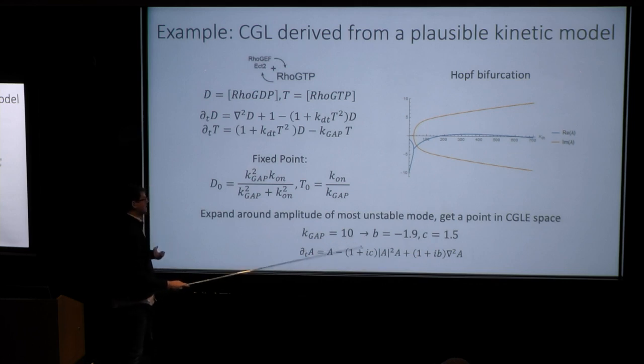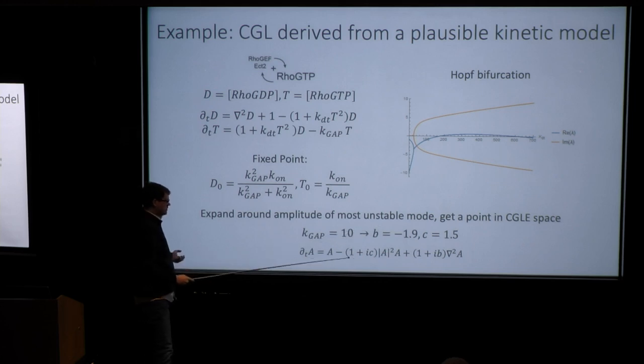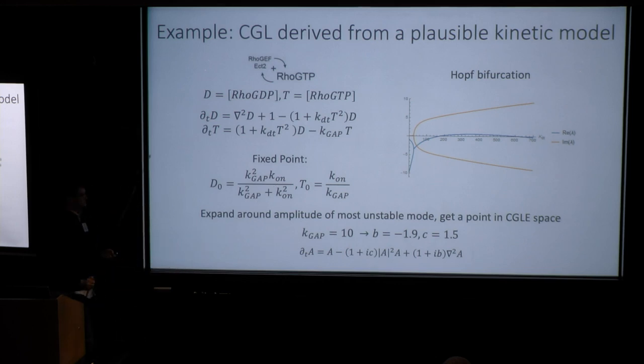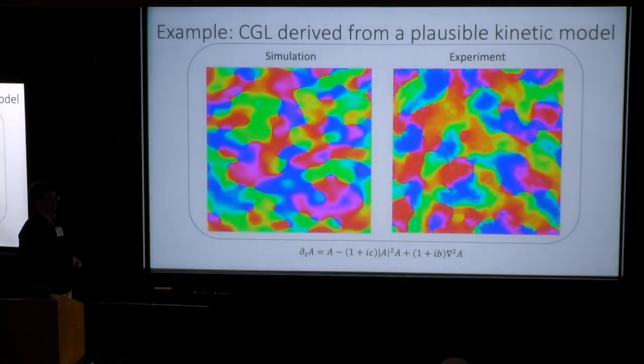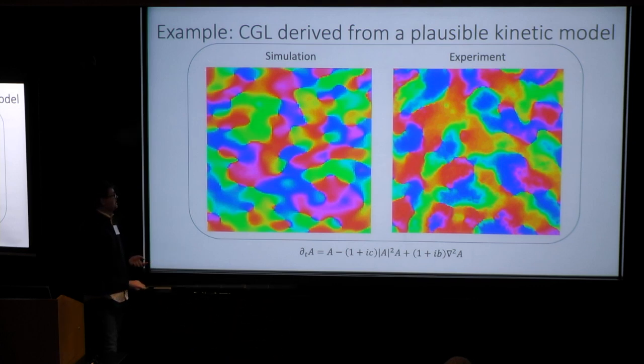So in this case, if we set k gap equal to 10, and do this procedure, you get something that maps to Ginzburg-Landau with b equals minus 1.9, c equals 1.5. In this case, it's actually a pretty nice match, for a model I chose pretty much arbitrarily.